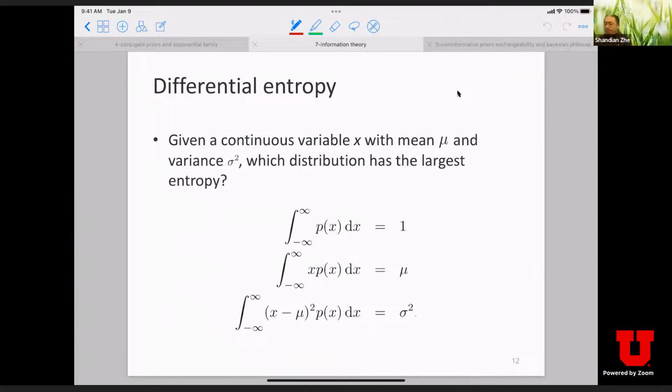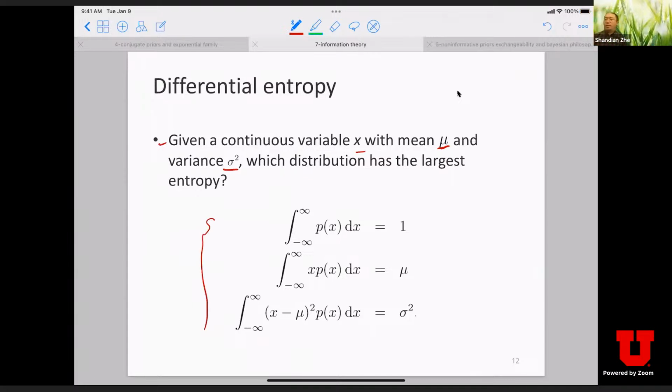Okay, so now a question similar to the discrete case. Suppose we're given a continuous random variable x with mean mu and variance sigma squared. Which distribution gives the largest differential entropy? We can still solve this by optimization.